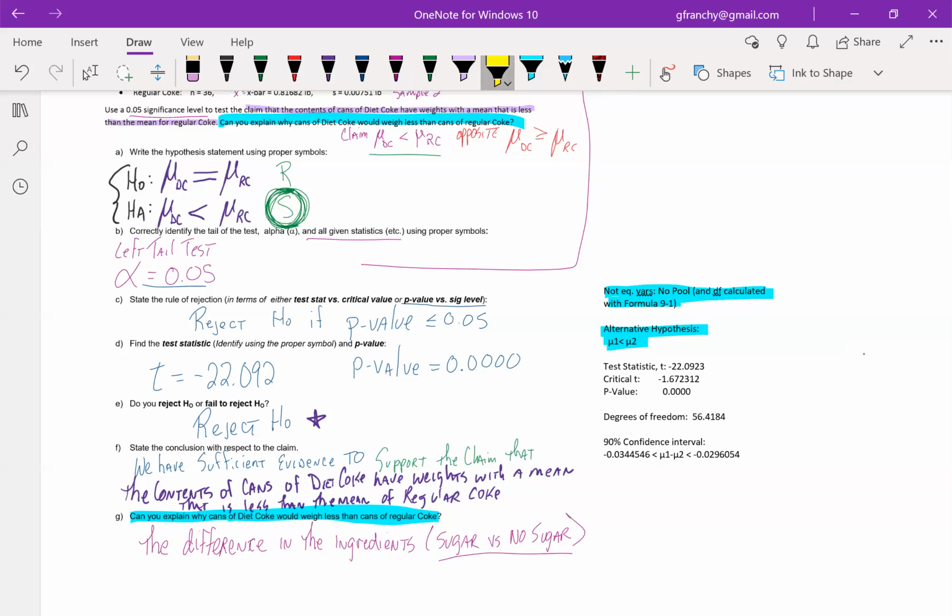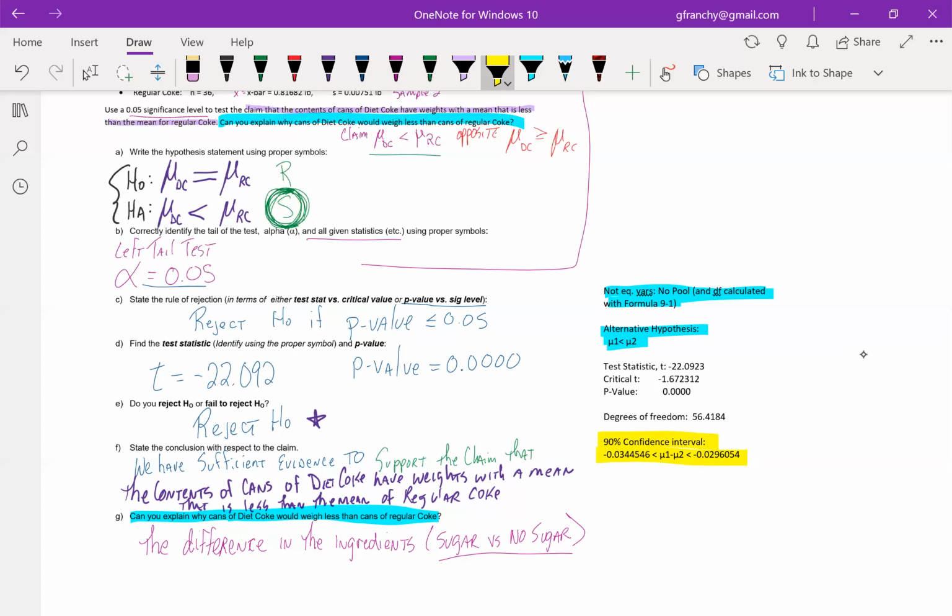And then the other thing is our confidence interval here. Our confidence interval for the difference is made up of strictly negative numbers on both sides. The upper and lower limits of the confidence interval are both negative. Remember, the interval would have to contain 0 for these two quantities being equal to be plausible.